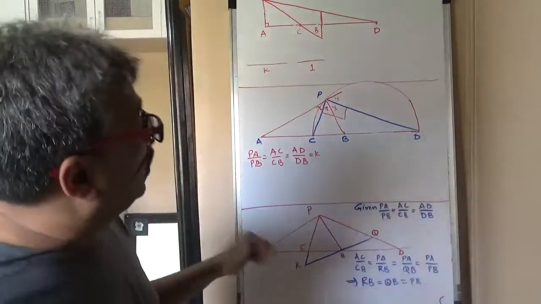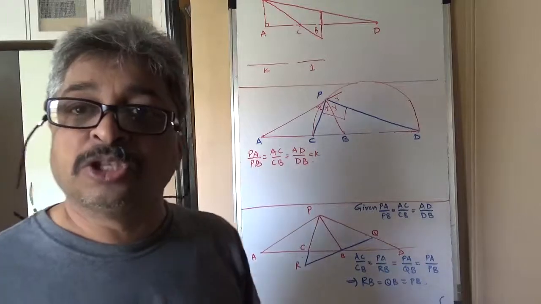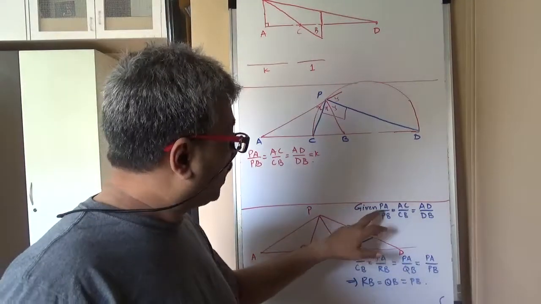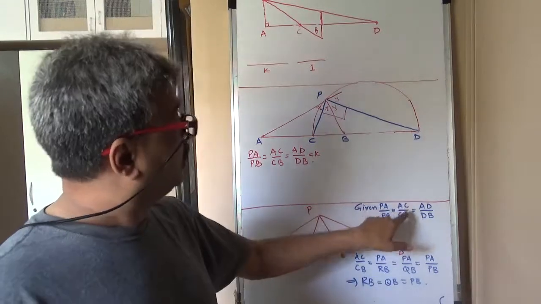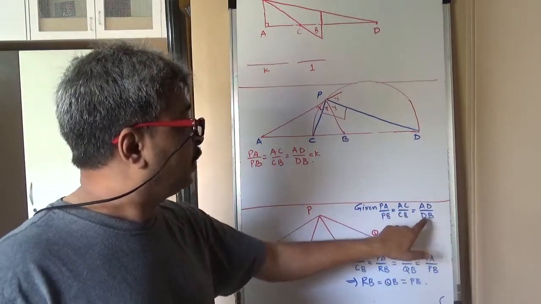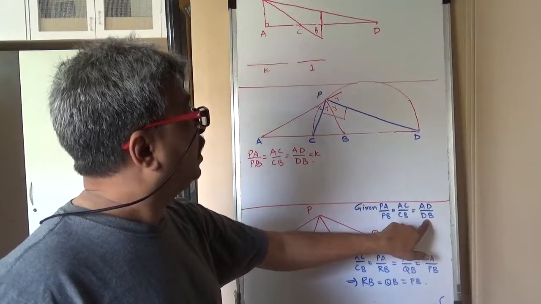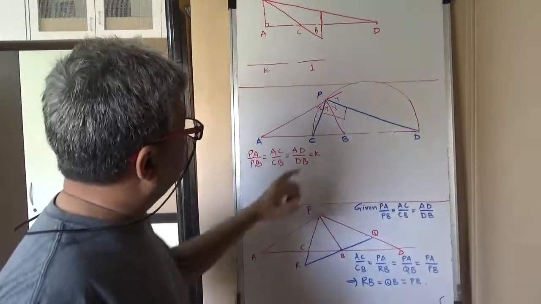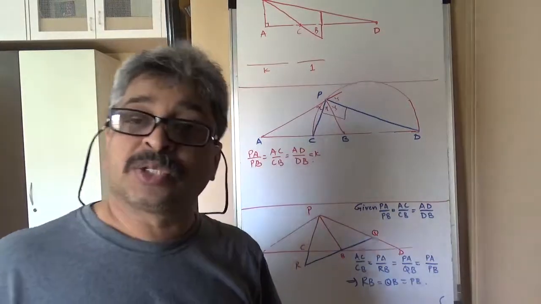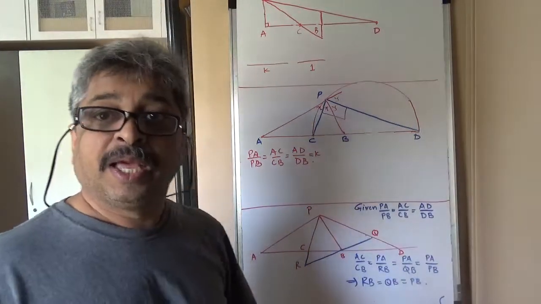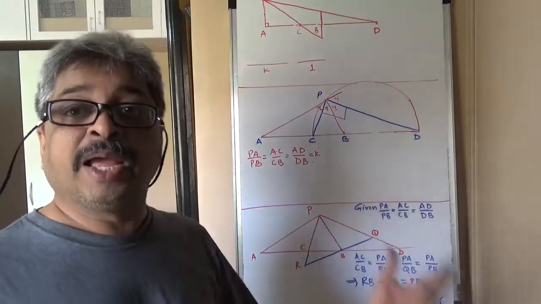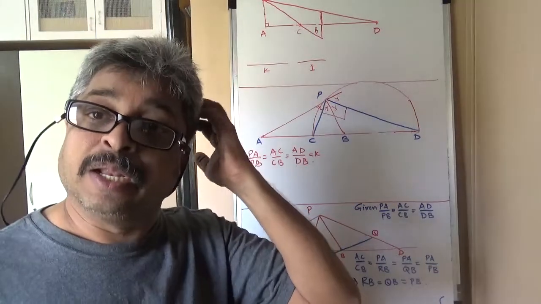That is the proof. However, the converse of this is also true, and the statement of the converse would be: if I give you PA upon PB equal to AC upon CB equal to AD upon DB, then the angle CPD is going to be 90 degrees, and therefore the point will lie on the circle.